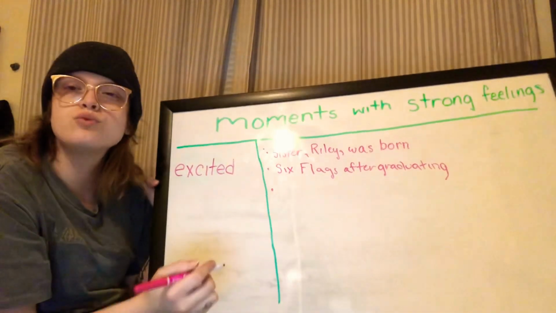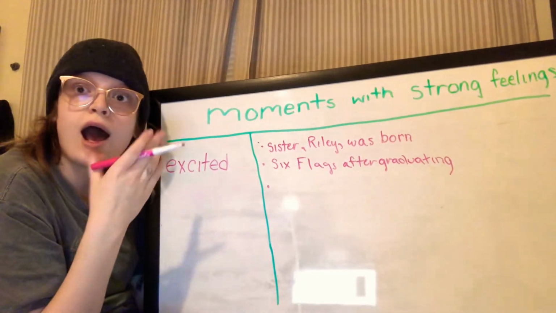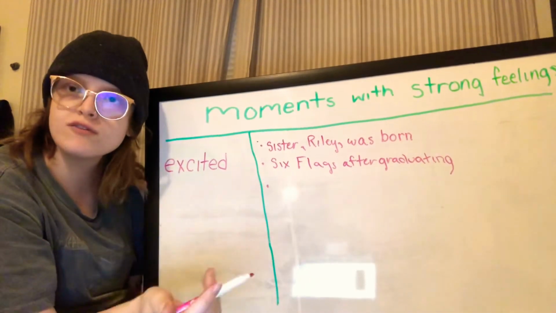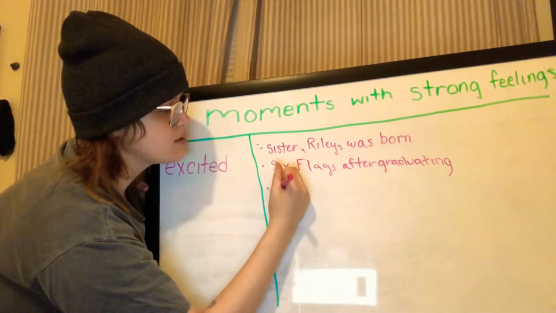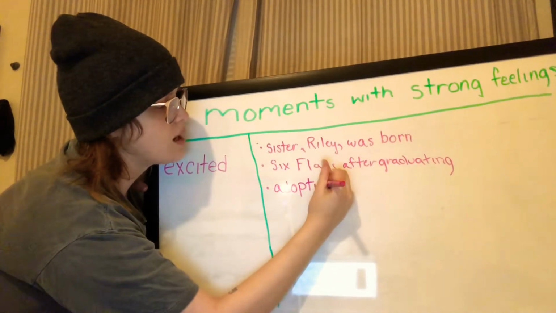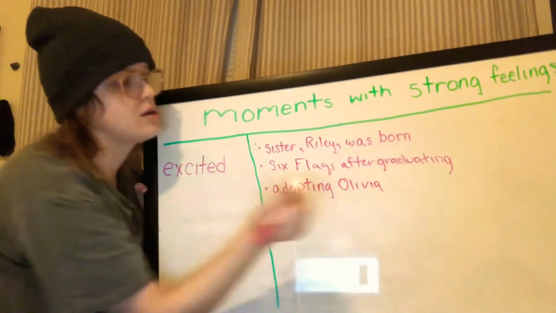And then let's just do one more for right now. I just adopted a new pet. She's a bunny and her name is Olivia. So I'm gonna put, as my last one, I was so excited to adopt Olivia. She is my baby.